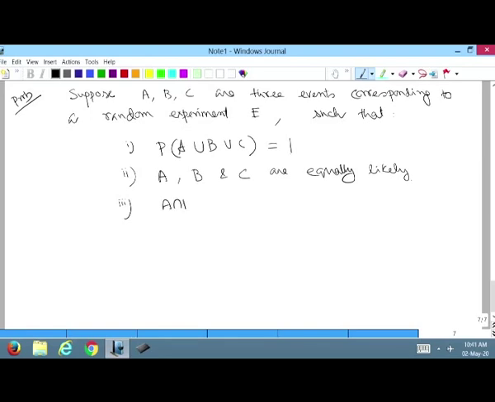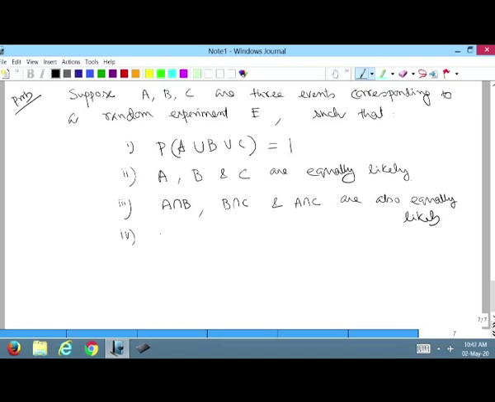A intersection B, B intersection C and A intersection C are also equally likely.